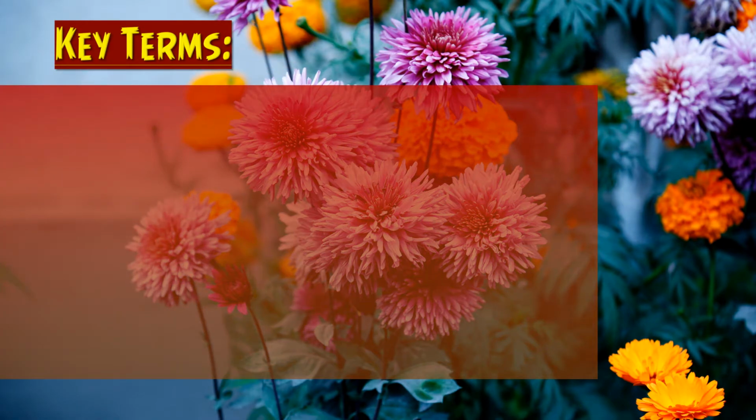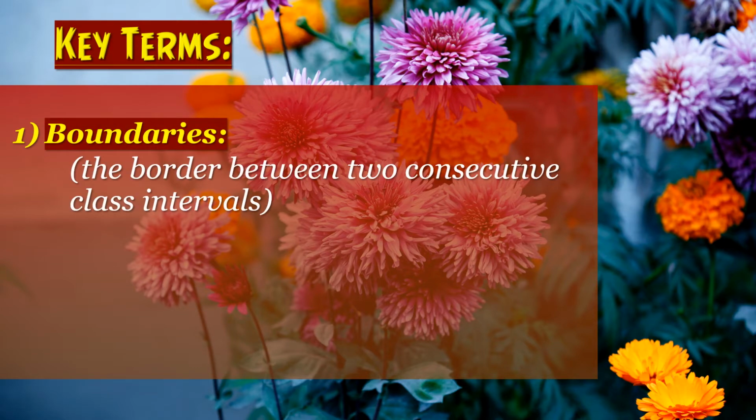Key terms. Boundaries. It's a border between two consecutive class intervals. That's halfway between the first class interval and the second class interval, or halfway between the upper limit of one class and the lower limit of the next class. Frequency.